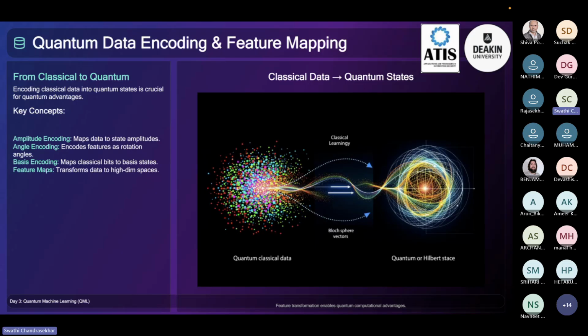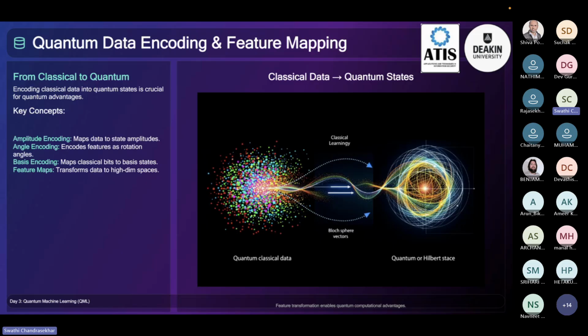Here on the right, you can see a colorful cloud of classical data points. Imagine they're all patients or financial transactions. The feature map transforms them into points in a quantum Hilbert space, represented by that swirling structure on the right. If we choose the feature map cleverly, data that was hard to separate classically may become easier to separate when represented as quantum states.